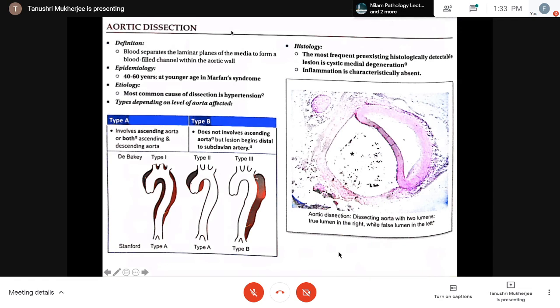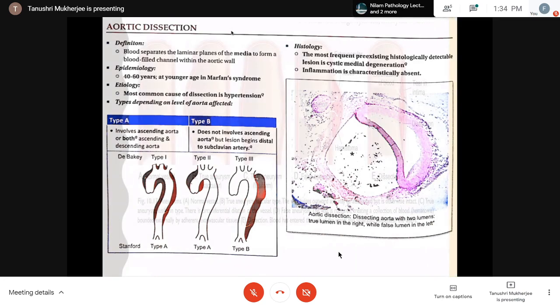So the classification is the DeBakey classification, type 1, type 2, type 3, and the Stanford, which is type A, then type B. The most frequent pre-existing histologically detected lesion is cystic medial degeneration of the aorta. There is a true lumen as well as a false lumen, as you can see in the photomicrograph.